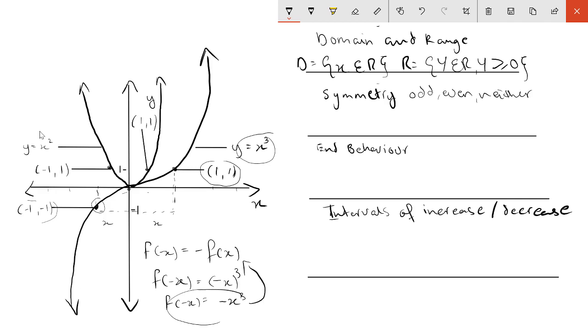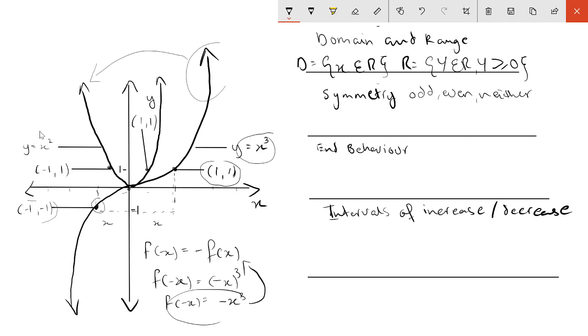Another interesting property of odd functions is that they have rotational symmetry as well. That means if you were to turn the graph 180 degrees in any direction, clockwise or counterclockwise, you would end up with the same graph. You can either say 180 degrees or turn the graph 2 quadrants. If I take this graph here and turn it into this quadrant, it'll be a reflection in the y-axis, right?